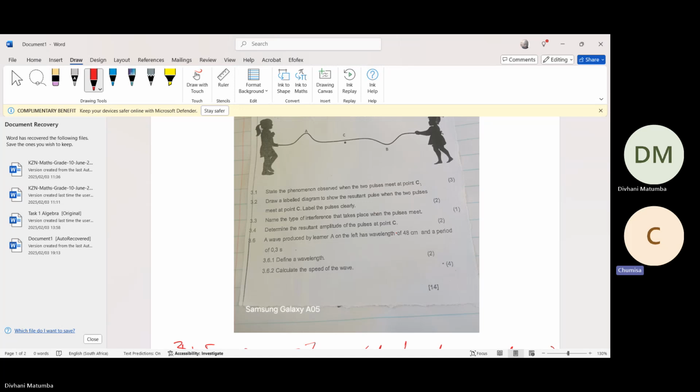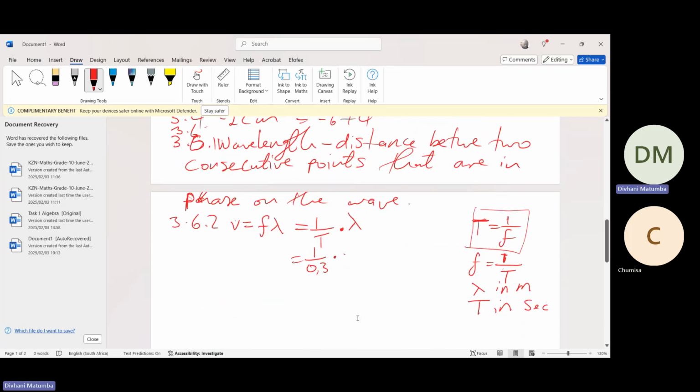The first one is in centimeters, which is 0.48 meters. I don't know if you agree. Yes, sir. And your period is already in seconds, so we are okay. So we will have lambda as 0.48. To see how we get to the answer, this is 48 centimeters.